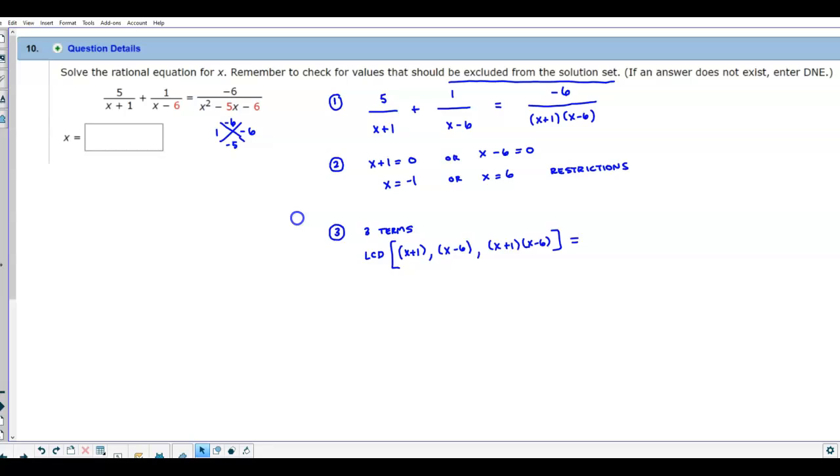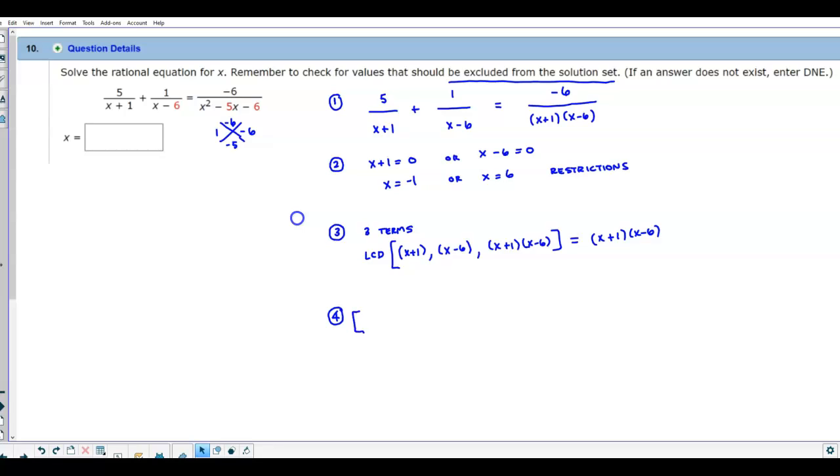And so since both x plus 1 and x minus 6 are in the last denominator, therefore our LCD is going to be x plus 1 times x minus 6. And then what we're going to do is we're going to multiply each term by that LCD.